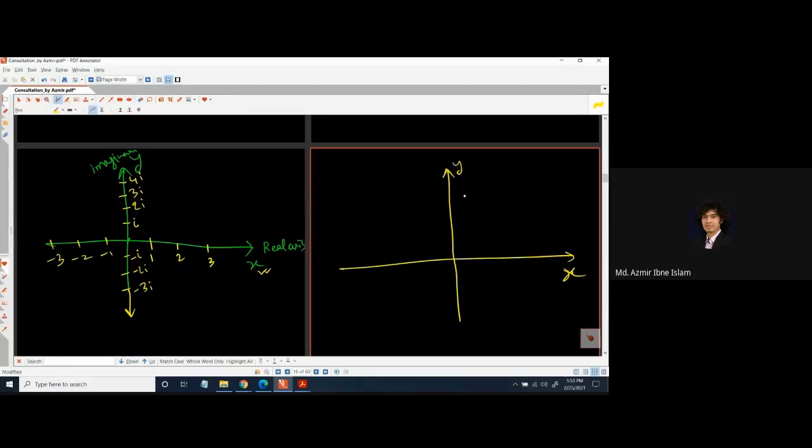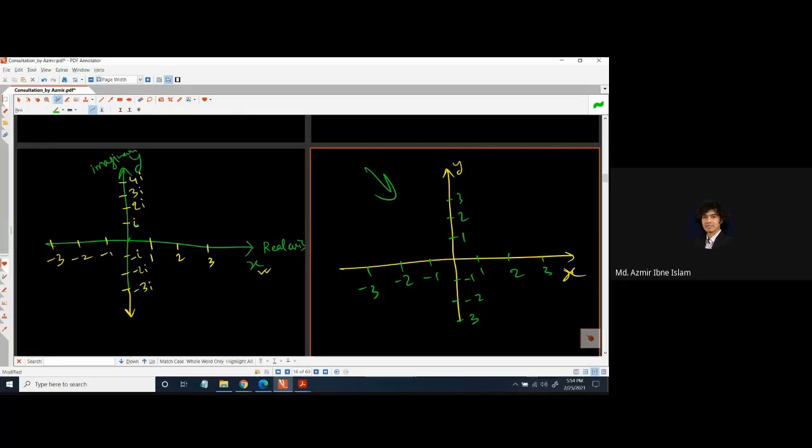The Cartesian system that we are familiar with deals with all real numbers, that is 1, 2, 3, -1, -2, -3 on the x-axis. On the y-axis, we have 1, 2, 3, -1, -2, -3. So you are familiar with this. The only difference in the complex number system is that the y-axis is acting as the imaginary axis.